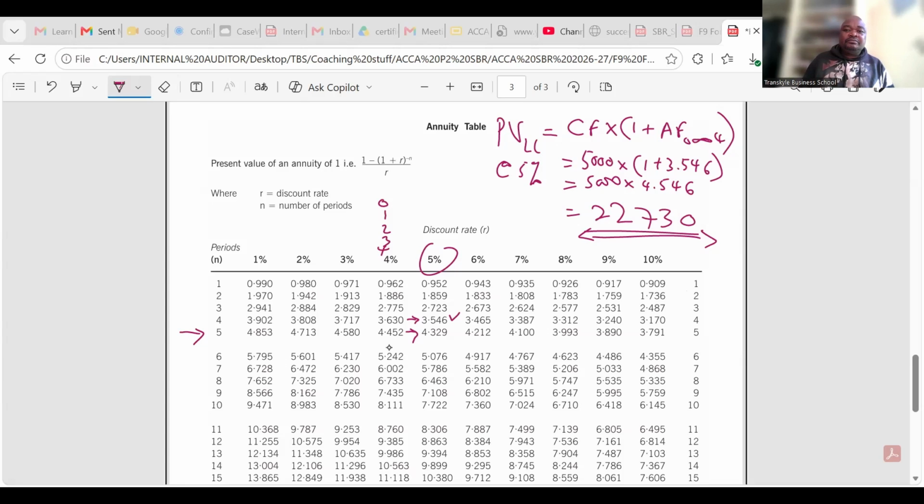So what do you do? You are given the 5-year annuity factor at 5%. This is the figure we are talking about, 4.329.